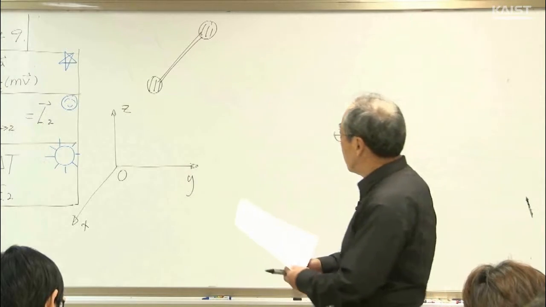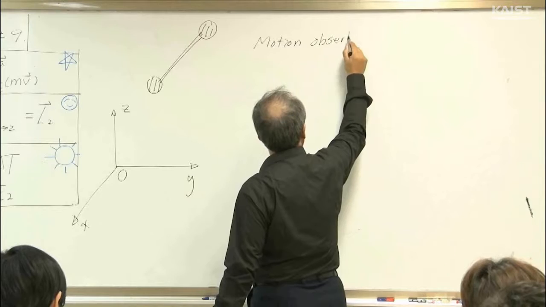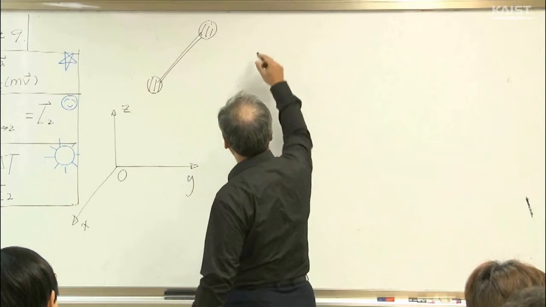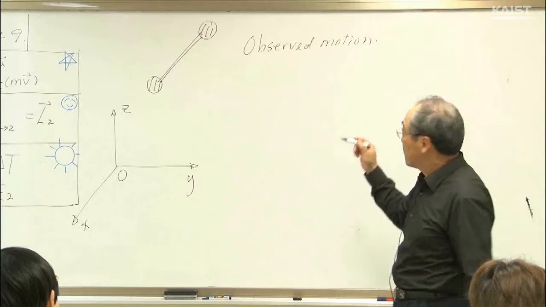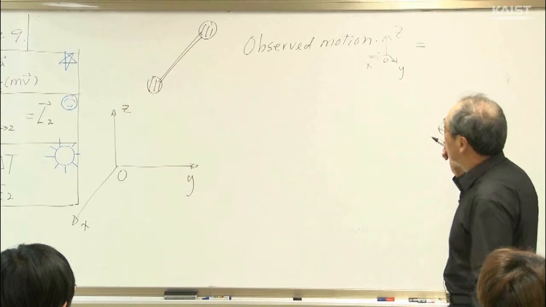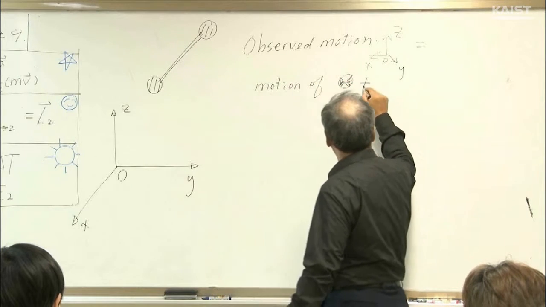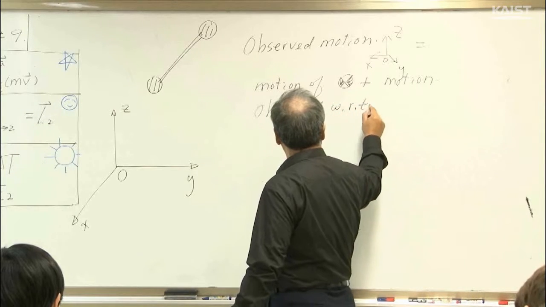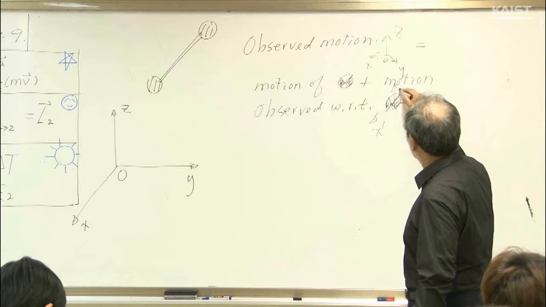So I can argue that the whole motion, that is, the motion observed with respect to O, x, y, z, is equal to the motion of the center of mass plus the motion observed with respect to the coordinate that is attached to the center of mass, which I call x prime, y prime, and z prime.